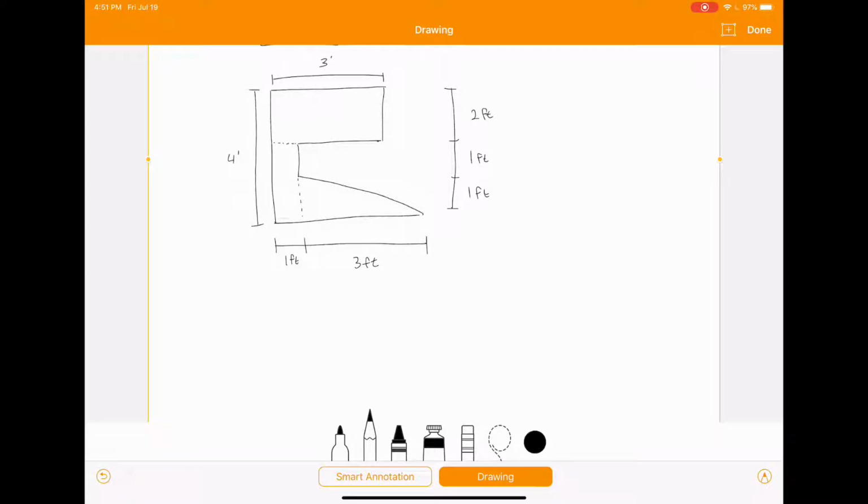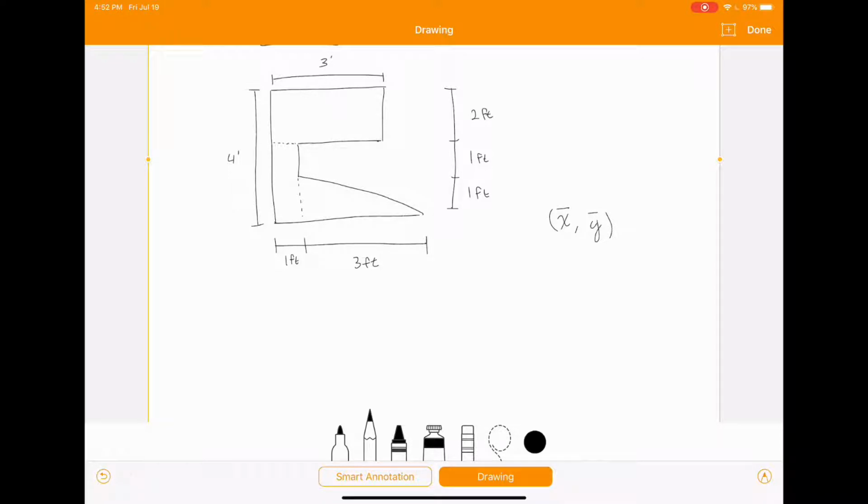The centroid is going to have an X and Y component. And when we're talking about centroids, we usually put bars above them, and that just indicates that it's the centroid. So we've got to find X bar and we've got to find Y bar.